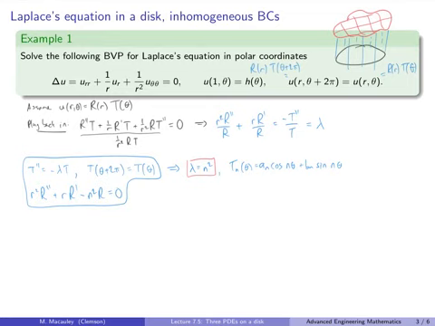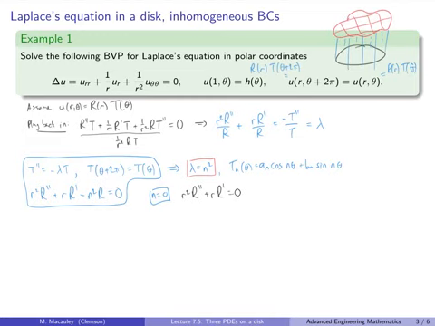Well, actually, before we do that, let's do a simpler case when n is equal to 0, because that's going to be easier. So when n equals 0, we have a simpler ODE. This is case 1: r squared times R double prime plus little r times R prime equals 0. This looks like a second order ODE, but really what you can do is change variables.